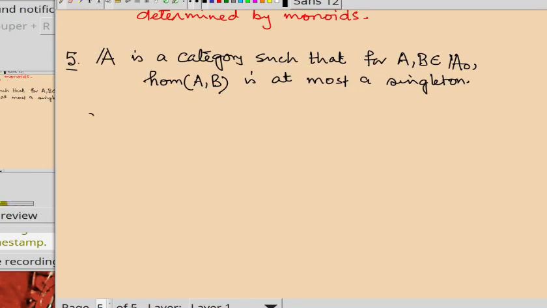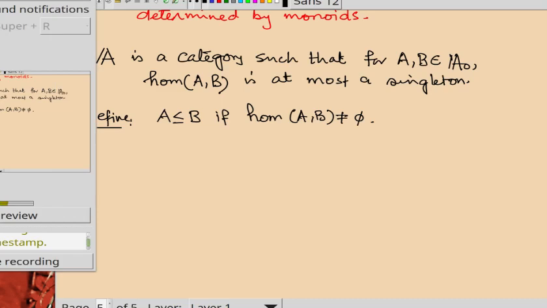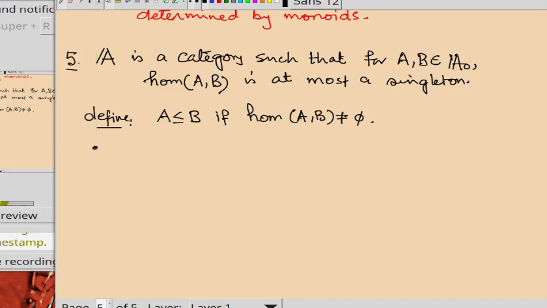So in this case, let us define A is less than or equal to B if Hom AB is non-empty. Then obviously A is less than or equal to A, because the identity is already there in Hom AA.